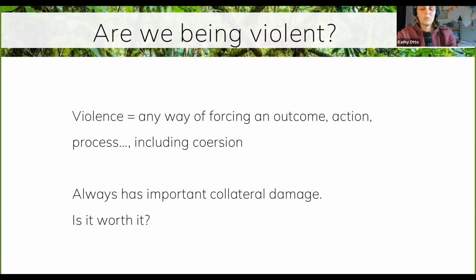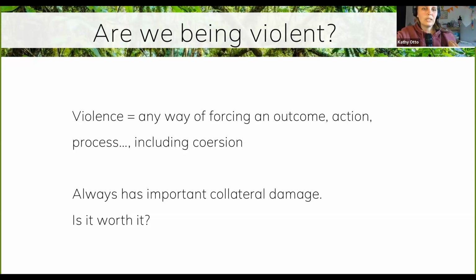When you go deep into nonviolence, it is any way we have of forcing an outcome, an action, a process, including coercion. Yes, everything. When we talk about plants, forcing the plant or the animal to grow faster is being violent. It's, I get you to do what I want you to do, but you don't want to do it. You're getting angry. It's being violent because I have coerced you.